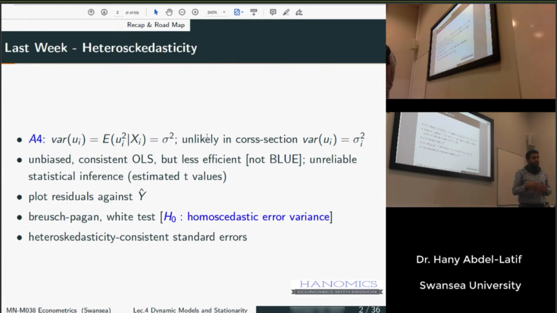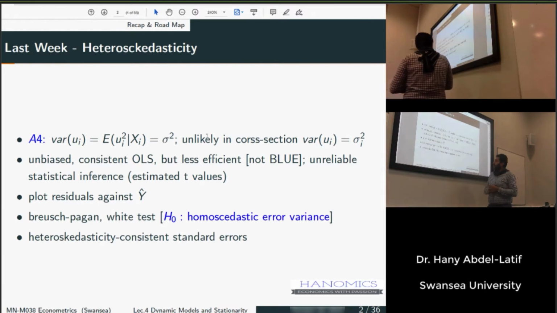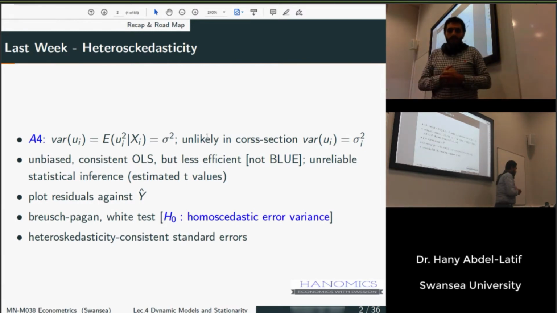So if you have a small p-value, you reject the null. When I say small here, I compare with a significance level, let's say 5% or 1%. That means your errors are not homoscedastic, they are heteroscedastic.